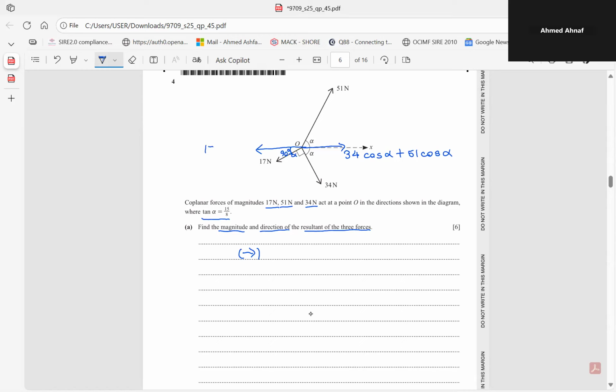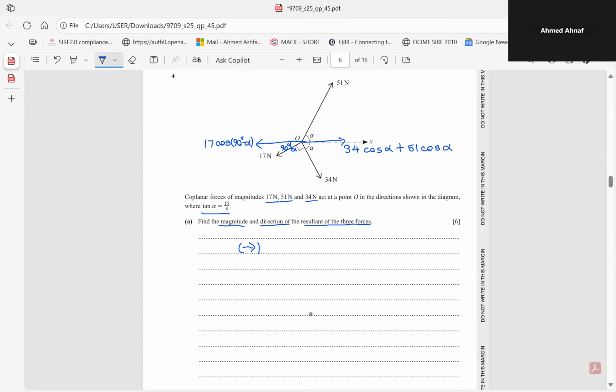So this is 17 cosine of 90 degrees minus alpha. Okay, so cosine of 90 minus alpha is the same as just 17 sine alpha.